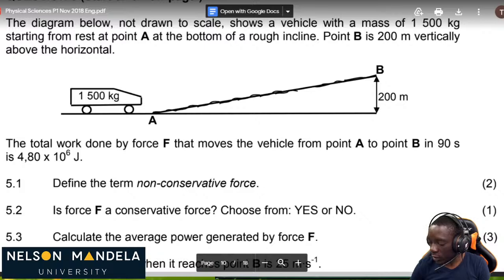So from that, you can find the work done by friction on the car.